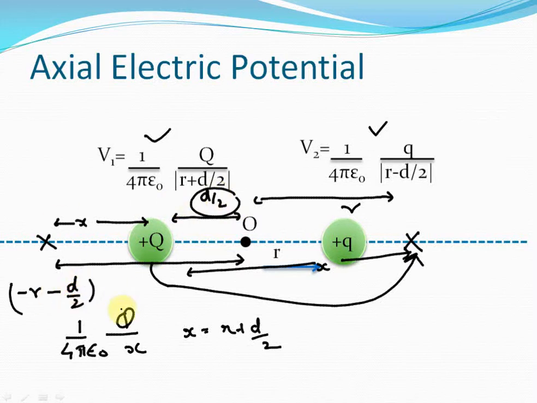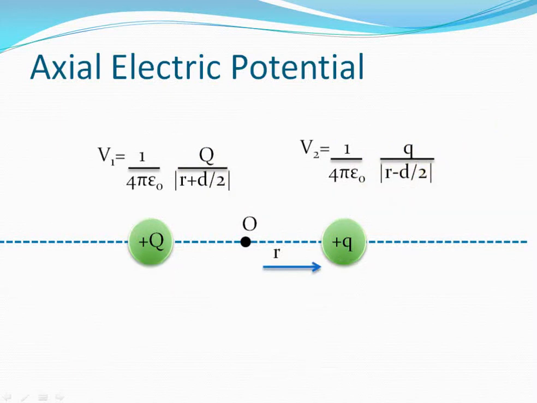So to account for both this expression and this expression, where x is sometimes r plus d by 2, sometimes it's minus r minus d by 2, I have written modulus of r plus d by 2, which simply represents the distance of the point at which the potential has to be calculated from the plus capital Q charge. Similarly, this expression here is modulus of r minus d by 2.